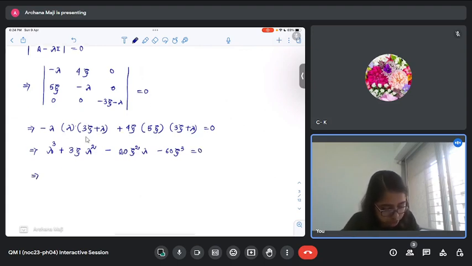If you solve this, you will get lambda to be minus 3 xi, plus 2 square root 5 xi, and minus 2 square root 5 xi.